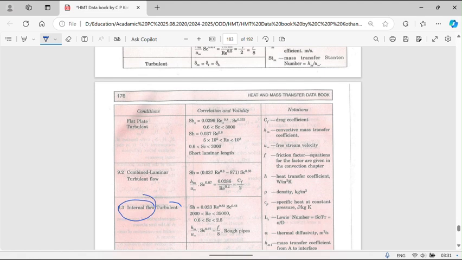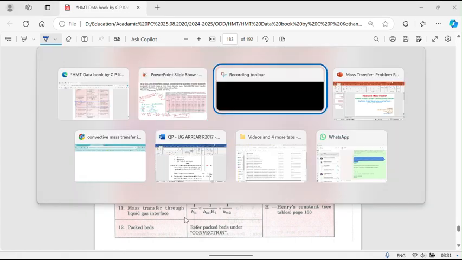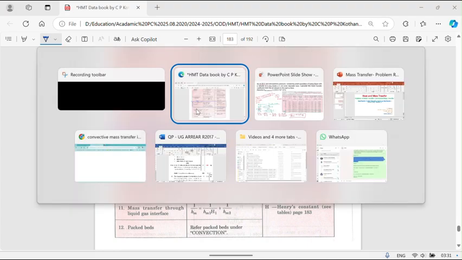Whether it is laminar or turbulent we don't know, but it is internal flow. So we may choose this particular area. We also copy this content and paste it in the presentation for our convenience.